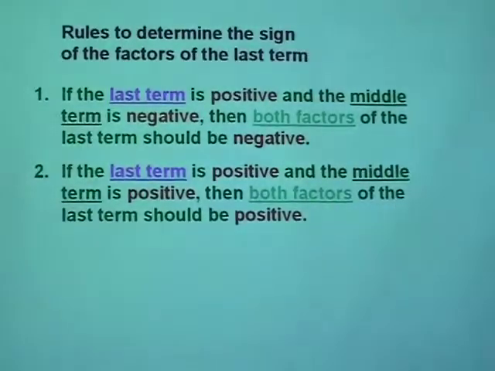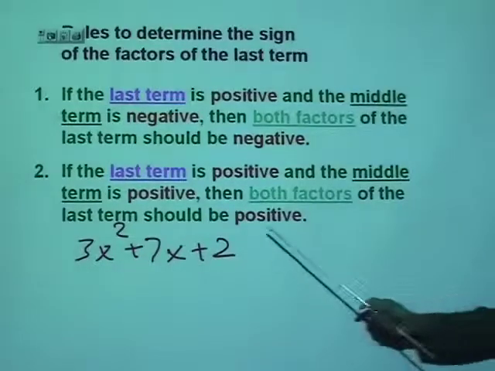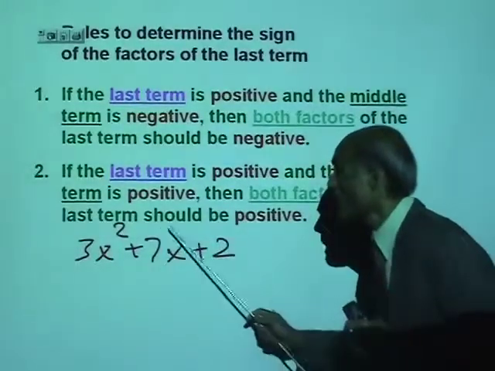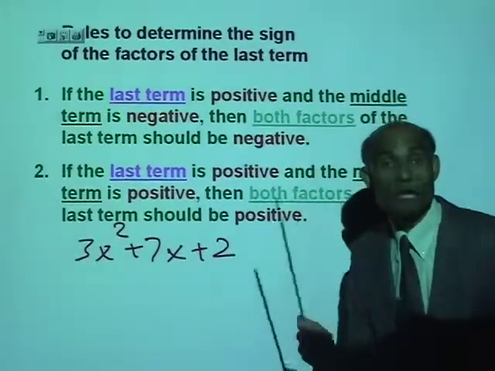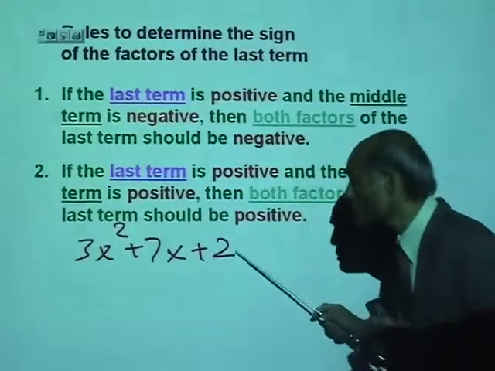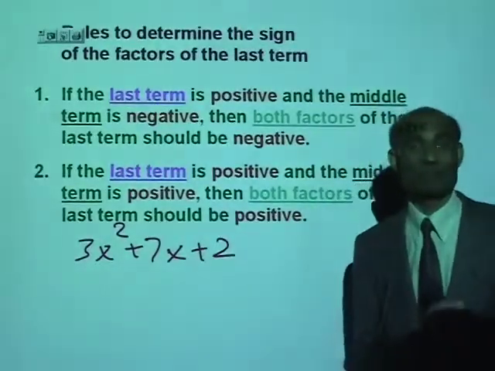For example, if our trinomial were 3x squared plus 7x plus 2, the last term is positive and the middle term is also positive. This means both the factors of your last term should be positive.